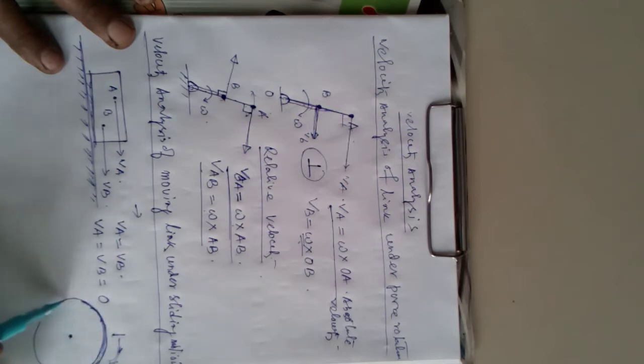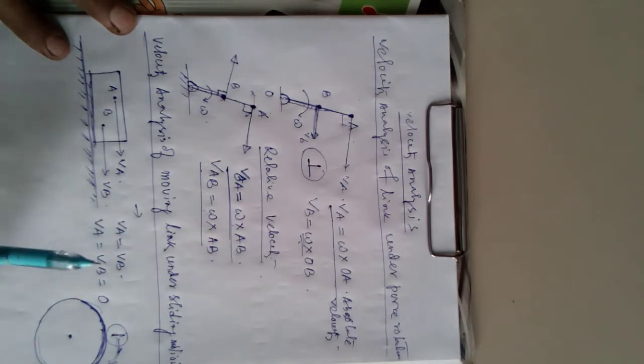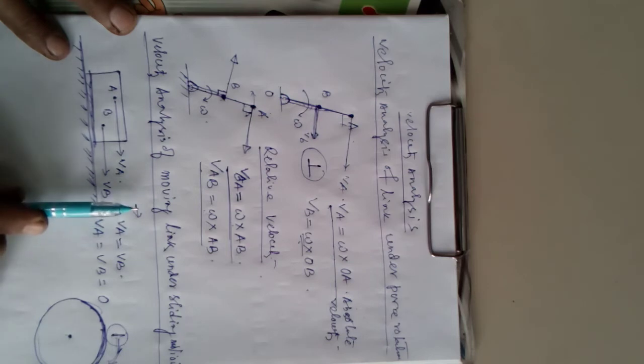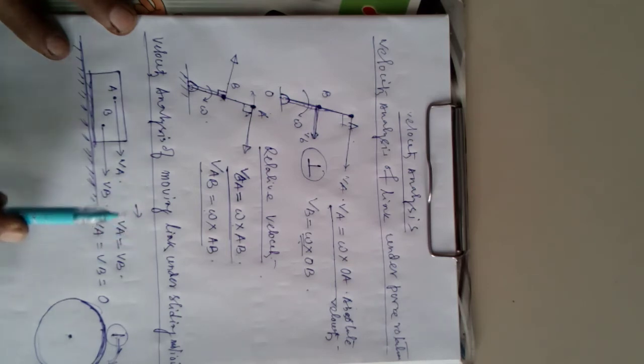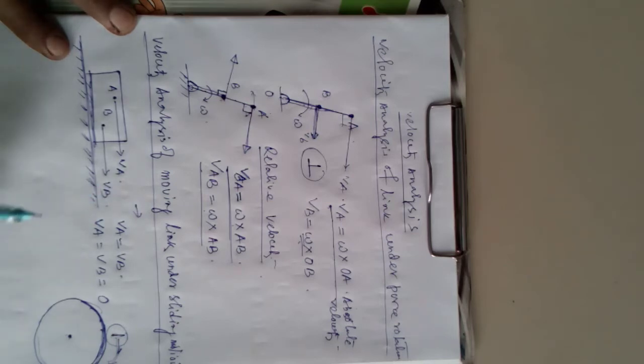As the size of the earth is much bigger compared to this particular link, we cannot see the rotation of this link. So any motion of a particular link in a mechanism can be considered as rotation plus translation. Any type of motion can be divided into translation and rotation.